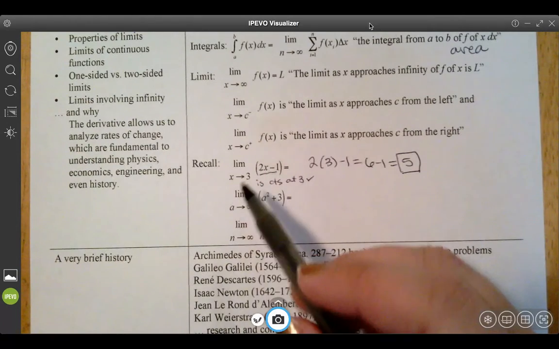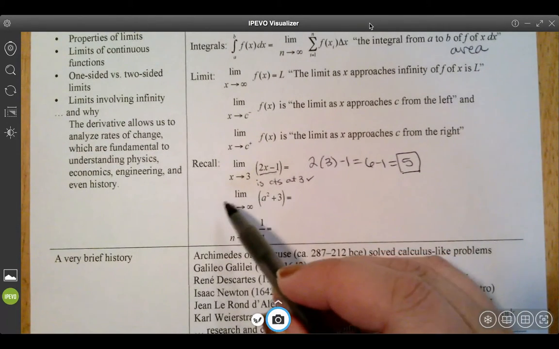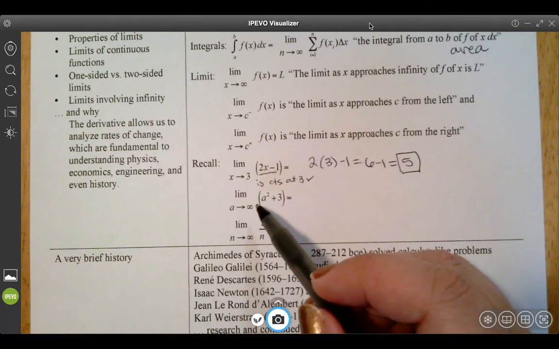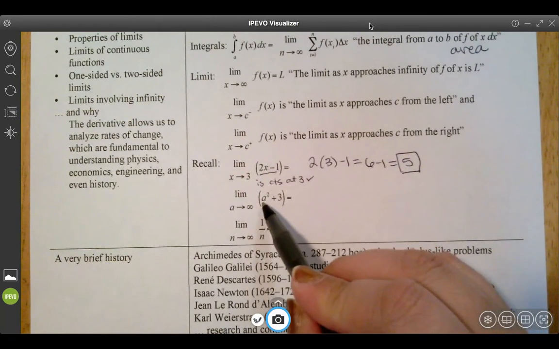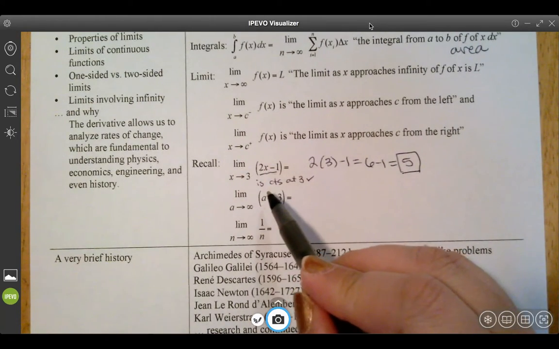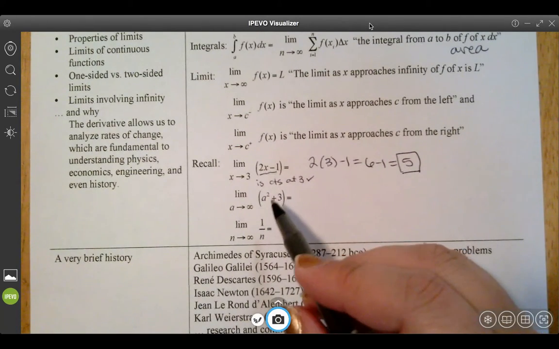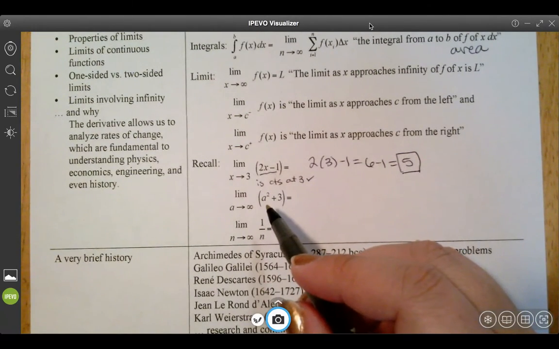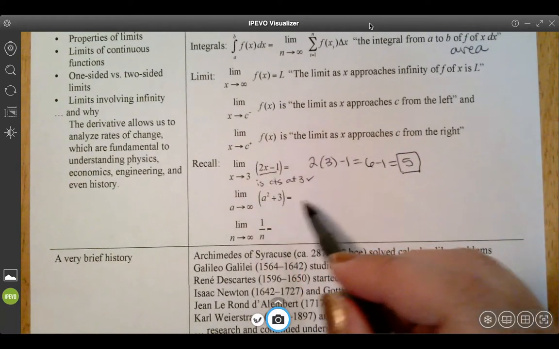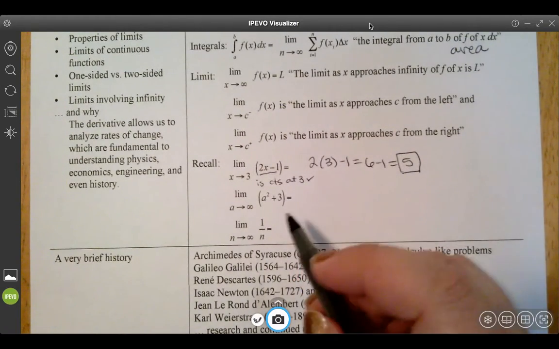Now, if we're looking at a limit as a value is approaching infinity, it works a little bit differently because we cannot say that a function is continuous at infinity because it's not a number. And so we can say, what is the behavior as a is approaching infinity? One of the easiest ways to do that is by looking at what the graph's behavior is as our x-axis, or in this case our a value, is approaching infinity.